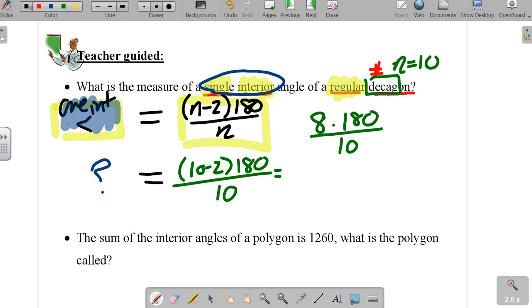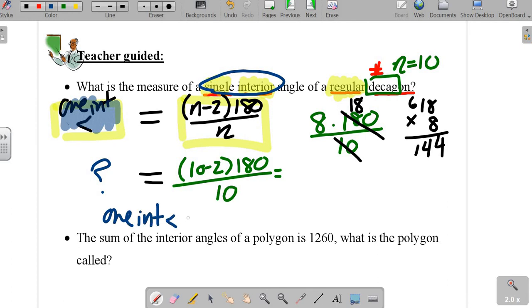Because this is times, I'm just going to go ahead and start reducing. 10 goes into 180 18 times. So I do 8 times 18 for a single interior angle. And we find that our one interior angle of a regular, that's important, decagon is 144 degrees.